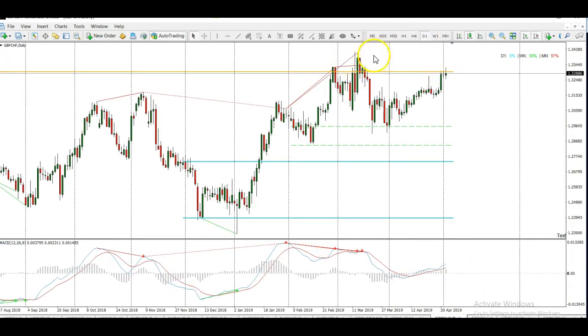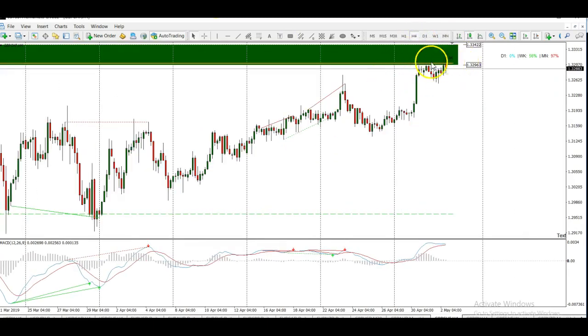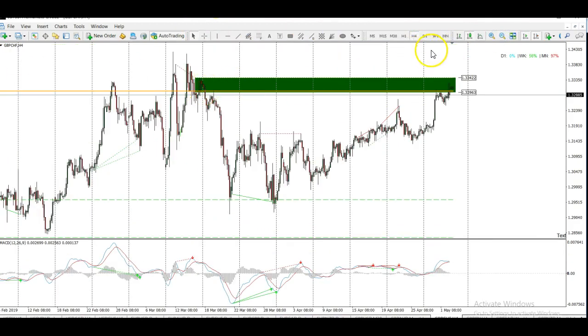Pound Swiss franc. Okay. So first touch of this area here in play. Nice sell trade today. 4 hour inside a daily here.